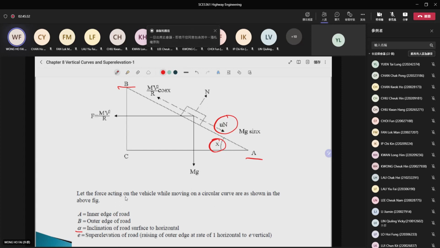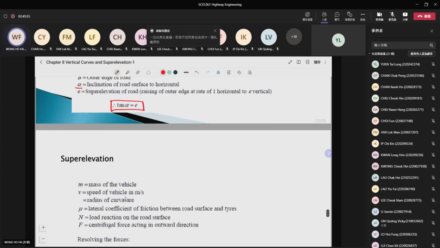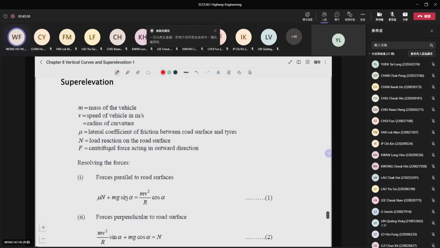And super elevation of the road, we call it E, is actually equal to the tangent alpha. So tangent alpha is actually the elevation. This one, let's say, the alpha is the same. So right here, as I mentioned, mv squared cosine alpha can depend on two components. One is mg sine alpha.